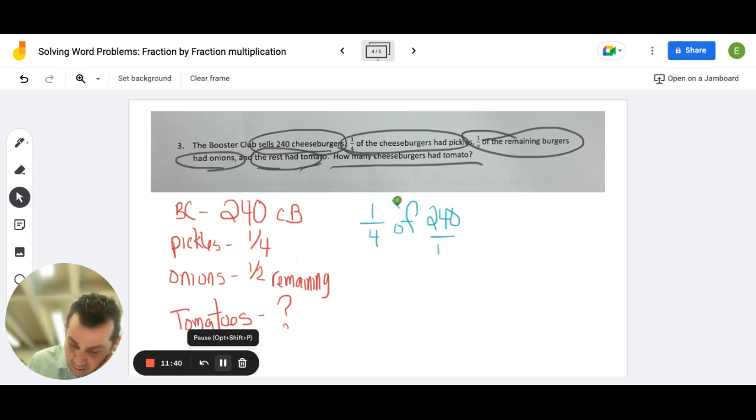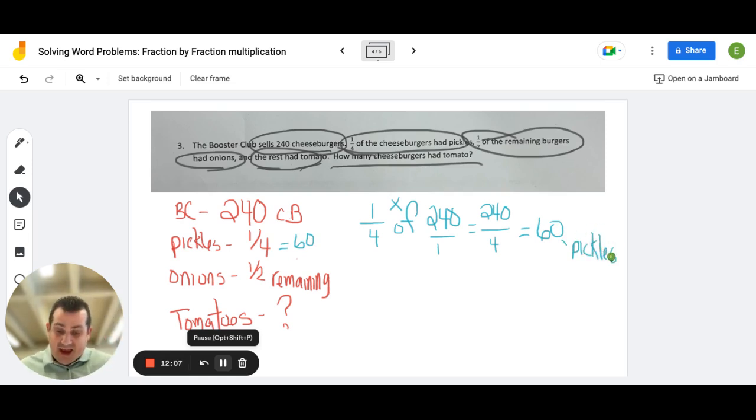Even if I put that over 1 and multiply, 240 over 4. Basic fact. 24 divided by 4 equals 6, and then you had a 0 left over. You're bringing that 0 over. So 1/4 of them had pickles, that is 60 had pickles.